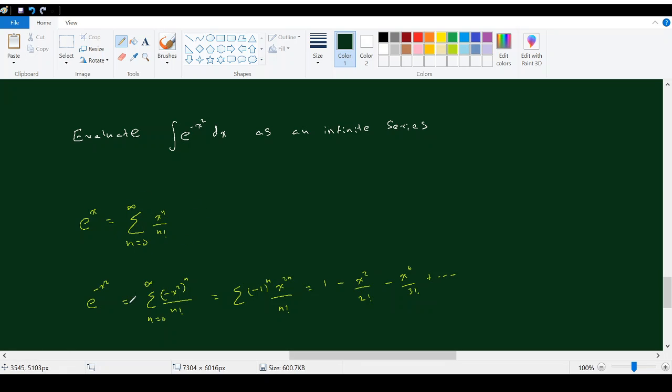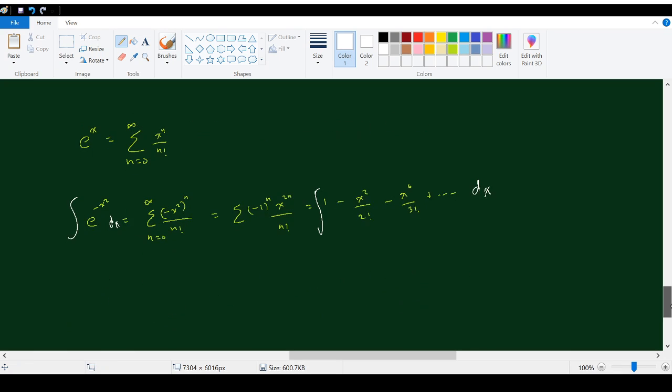This formula. And then by substituting negative x squared as this term, we can come up with the corresponding Maclaurin series for this specific term, which is the function inside the integral. So finding the integral of this one is the same as finding the integral of this one.